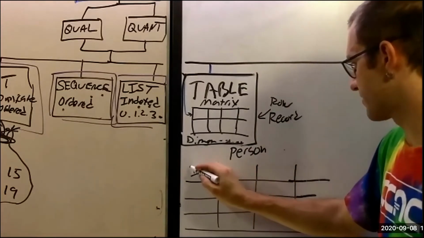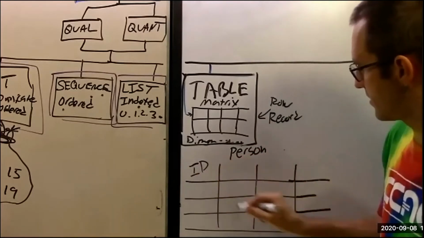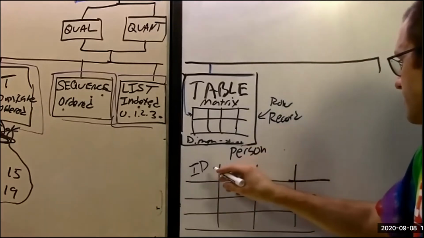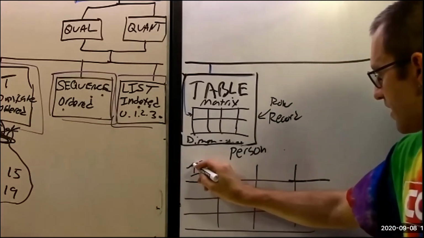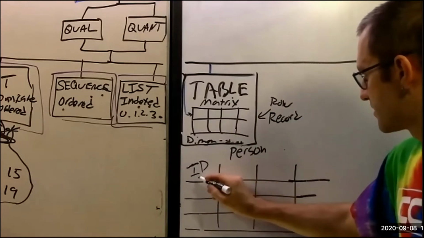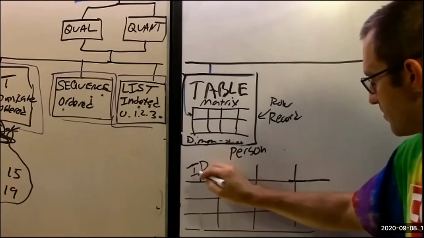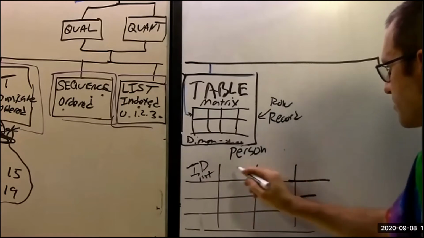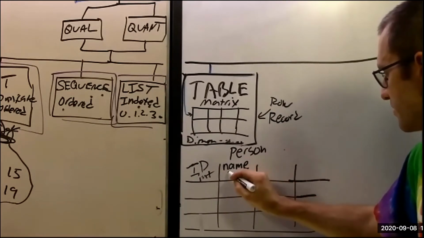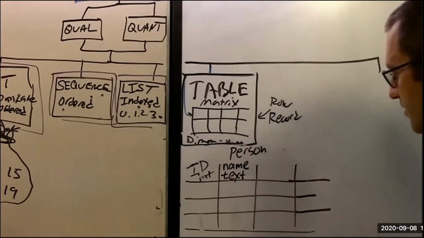We usually have an ID, and in database land and often in data structures land, the tabular data has unified types for each attribute. So we would say an identifier would be an int. So we would include both the name of the attribute as well as the type. We could put the name of the person. Depending on your database, you might call it char or text or character varying.